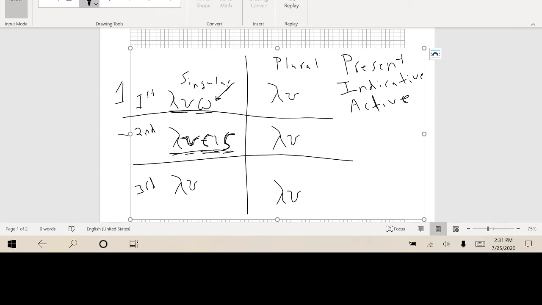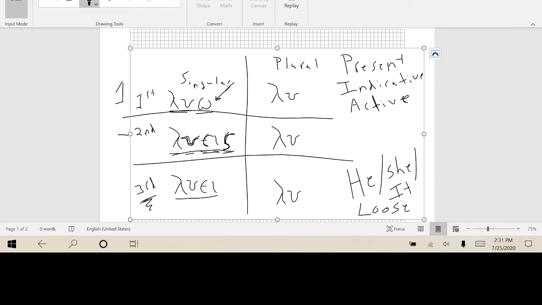Okay? So now what if you want to say he, so third person, if you want to say he, she, or it, that's third person, you would say lu, a. No final sigma, so just lu, a. Lu-a means he, she, or it looses.